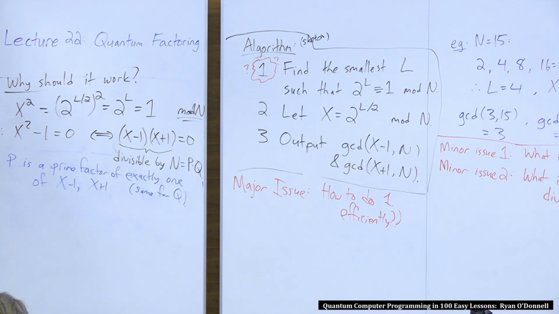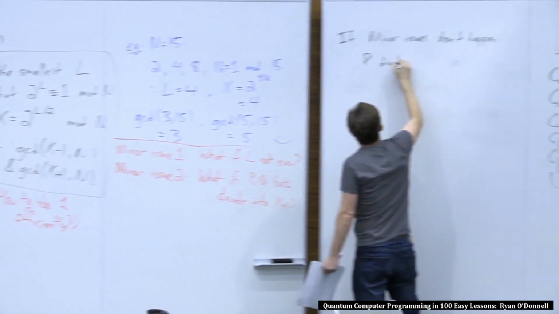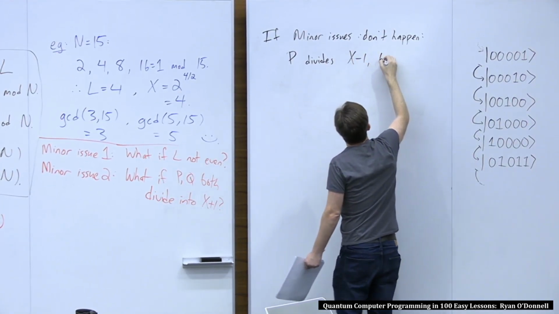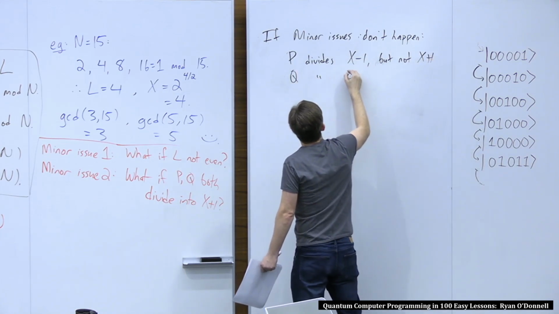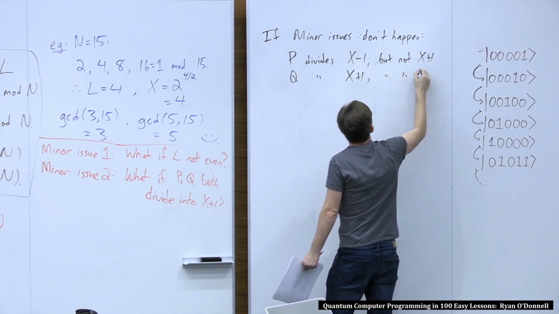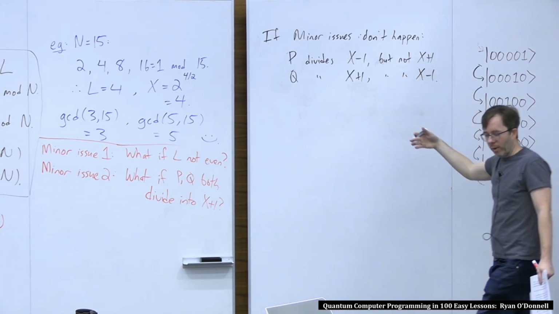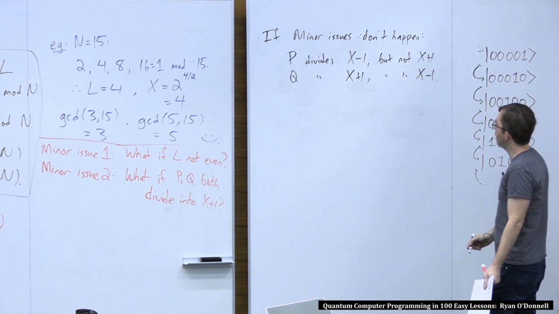The point is that if neither of these minor issues happens, then the algorithm will work, and we'll get the prime factors, which are P and Q. So if the minor issues don't happen, then we get something like P divides x minus 1, but not x plus 1. And Q divides maybe x plus 1, but not x minus 1. Or it could be the other way around, but that's just interchanging the roles of P and Q.